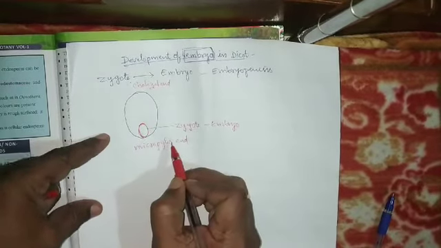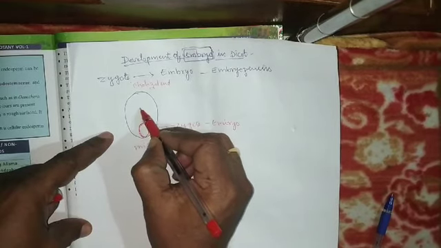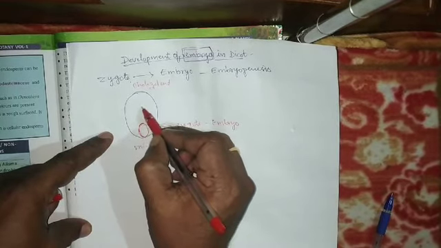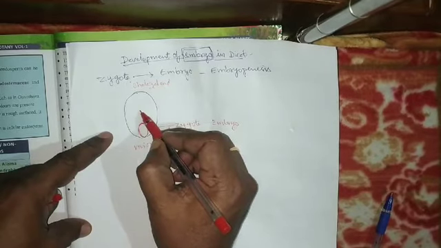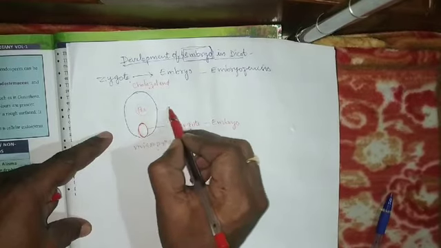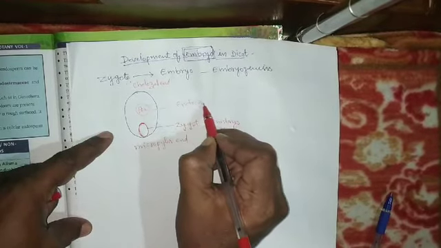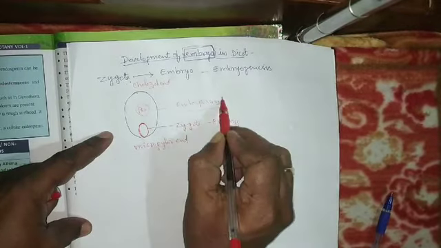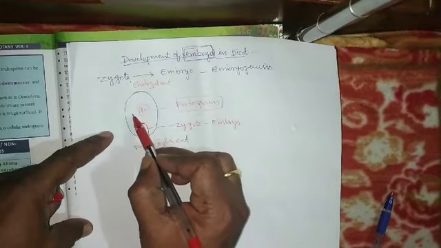When the endosperm is developed, the primary endospermic nucleus present in this embryo sac develops as the endosperm.